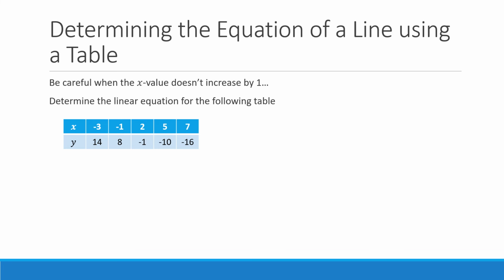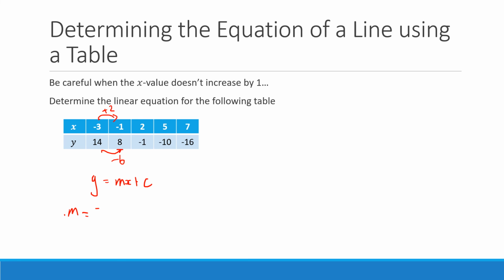One thing to be careful of is what to do if the x value does not increase by 1. Looking at this example, again, we're going to use our line, y equals mx plus c. Here, x goes up by 2, and y goes down by 6. So if x goes up by 2, y goes down by 6, what will y change by if x only goes up by 1?